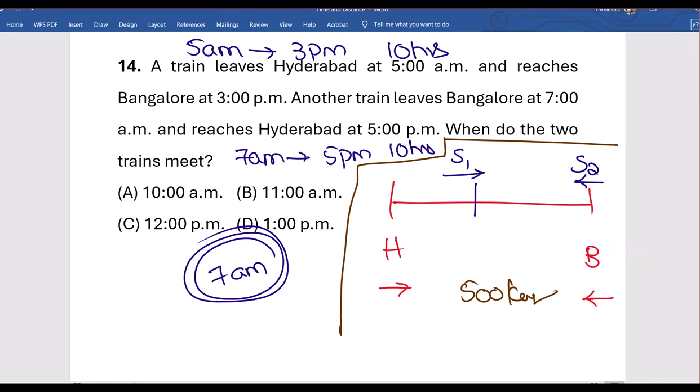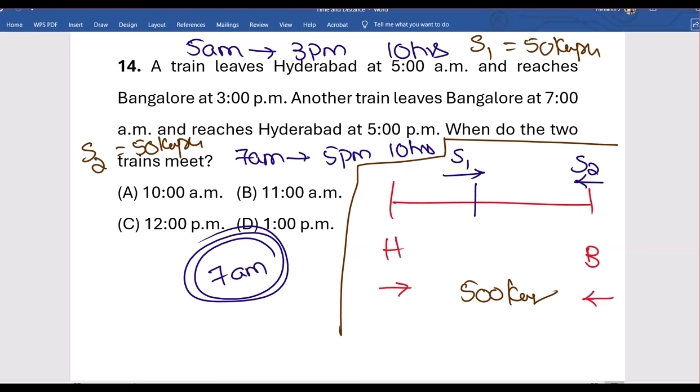Now, can you decide what is the speed of the first train? 50 kilometers per hour. Why? You covered it in 10 hours. Second train speed 50 kilometers per hour, because the second train also reached from Bangalore to Hyderabad, 500 kilometers in 10 hours, 50 kilometers per hour.